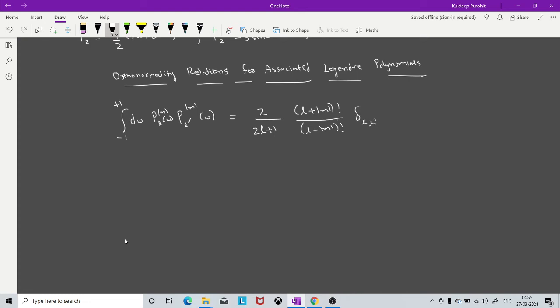So you can see that when l is not equal to l prime, this entire thing will go to 0.